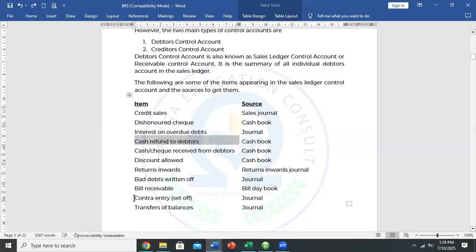Then we have contra entry, or what we call set-off. Let me give an example to explain this. I owe Adam 50 cedis. Adam owes me 50 cedis. So we agree and say, okay, you owe me, I owe you, let's set it off. The set-off here means that a debtor might also be a creditor and may have balances with the business.